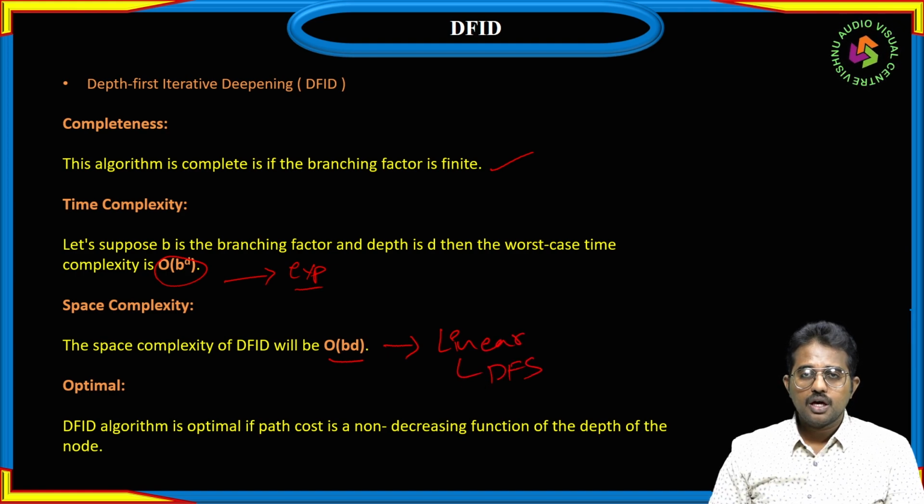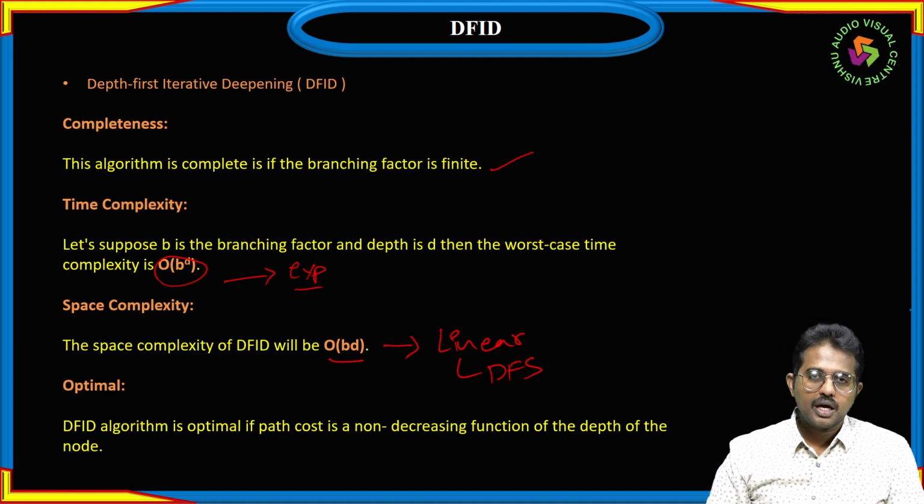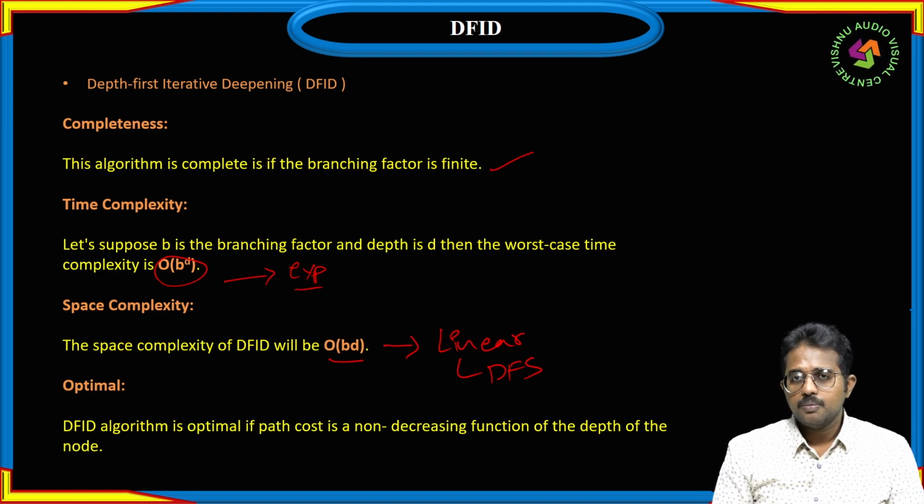Coming to the optimality or quality of the solution, whether we are going to get an optimal path or not, this DFID is optimal if the path cost is a non-decreasing function of the depth of the node, that means the path cost has to be in increasing order compared to the depth of the node. So this is the performance evaluation of the DFID.